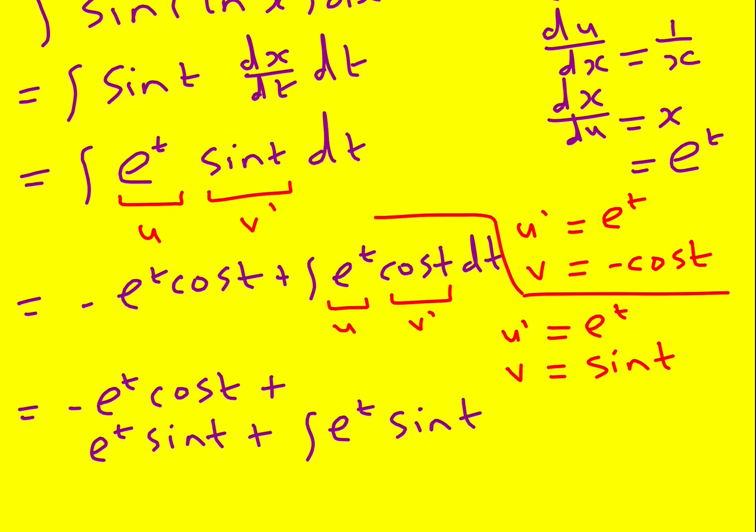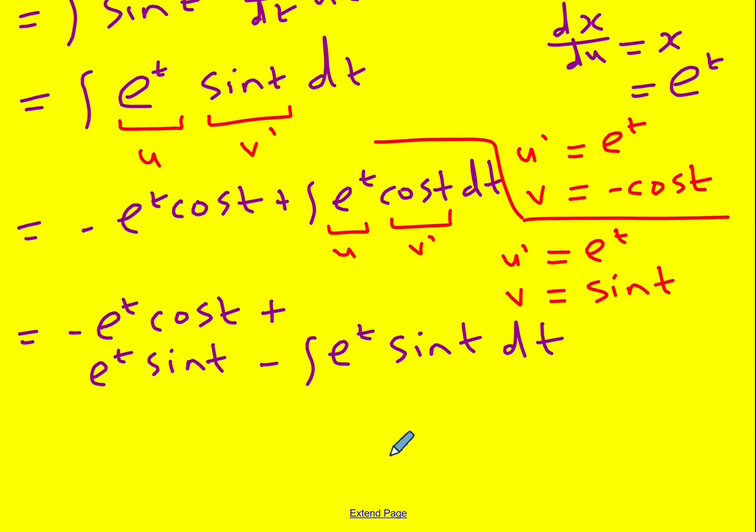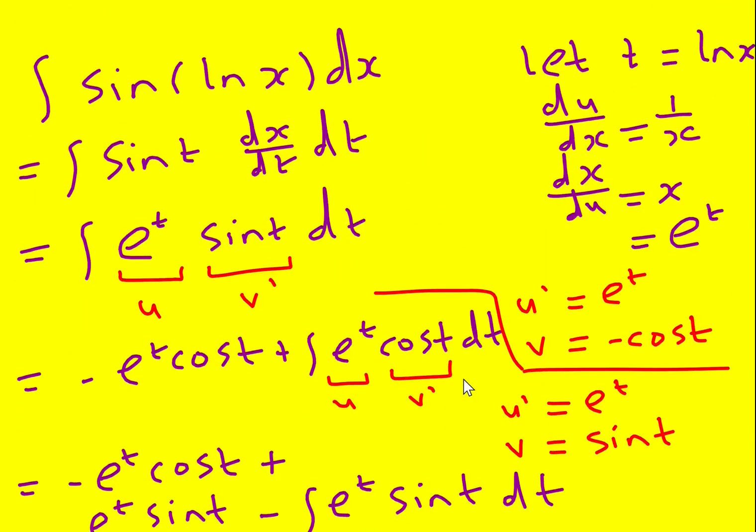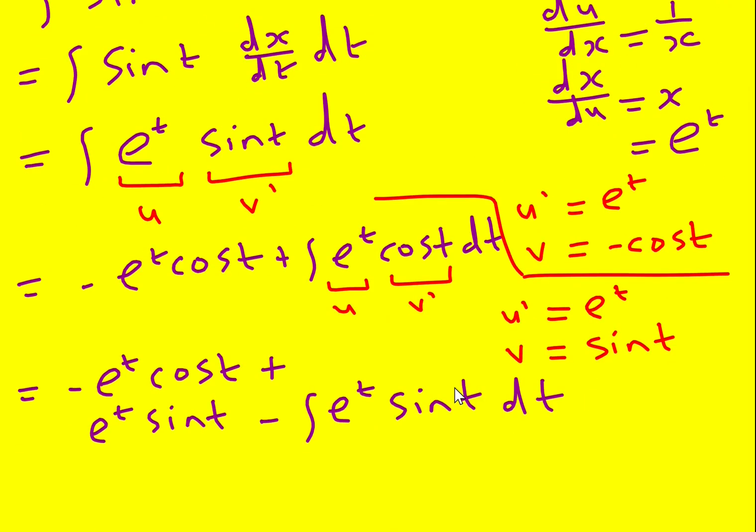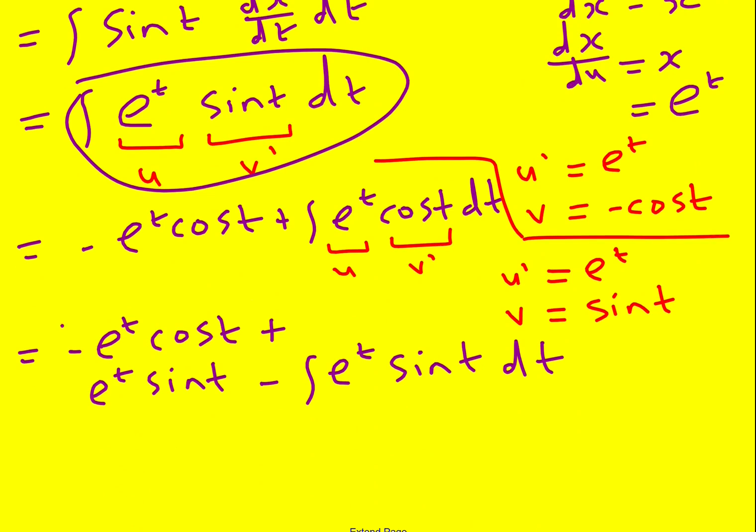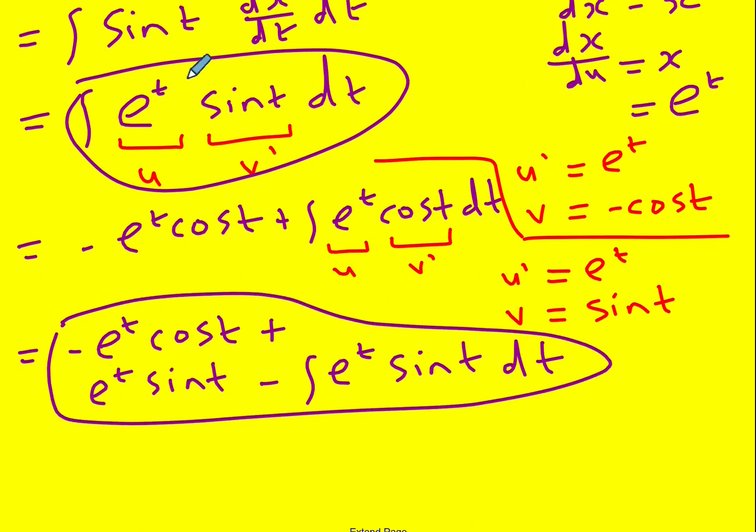I don't know why I was doing plus there, it should be a minus. And that is great news because we've just shown that this is equal to this, and this is the same integral as here. So we can just add it to both sides, get two of them, and divide by 2.